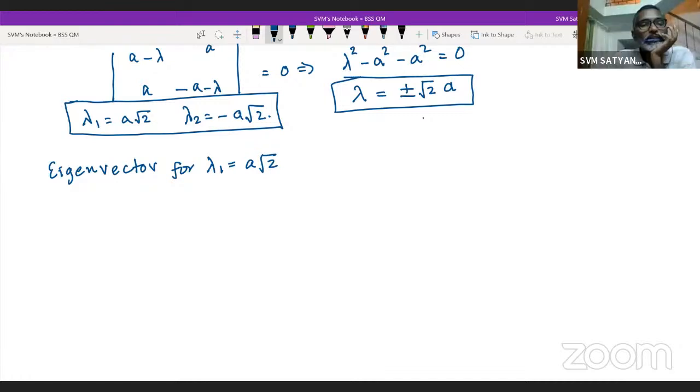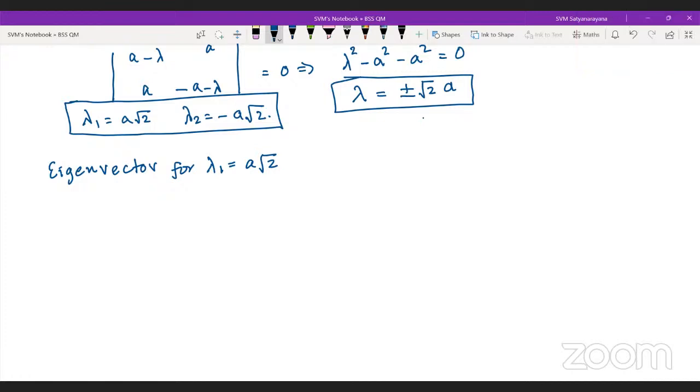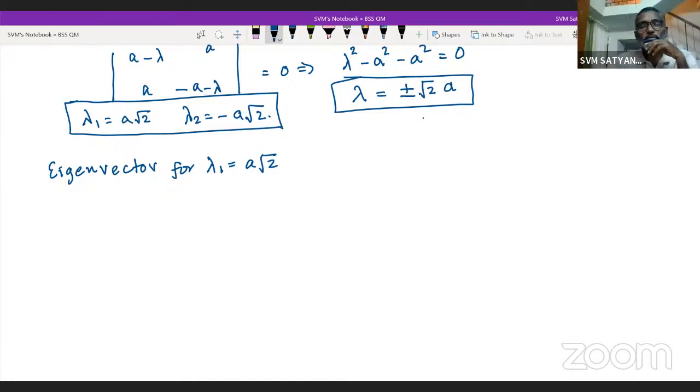How do we get it, by inspection? No, I think it's not true. Okay, so let us try that.